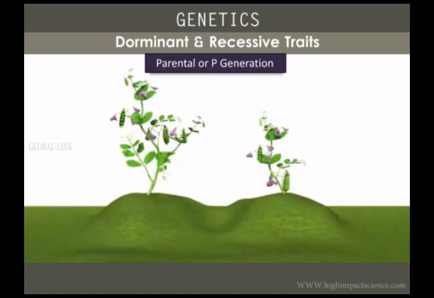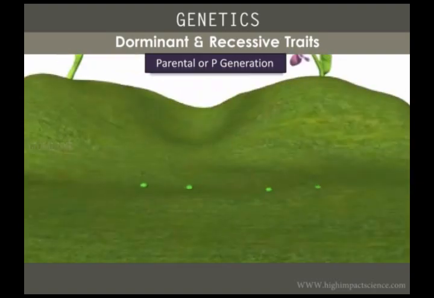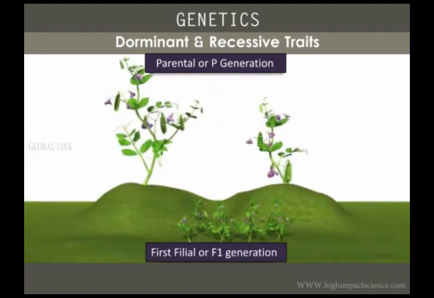After the cross between tall and dwarf plants, Mendel collected the seeds and planted them to produce the first hybrid, called the first filial or F1 generation. He found that all plants in the F1 generation were always tall, like one of the parents, and the dwarfness had disappeared.